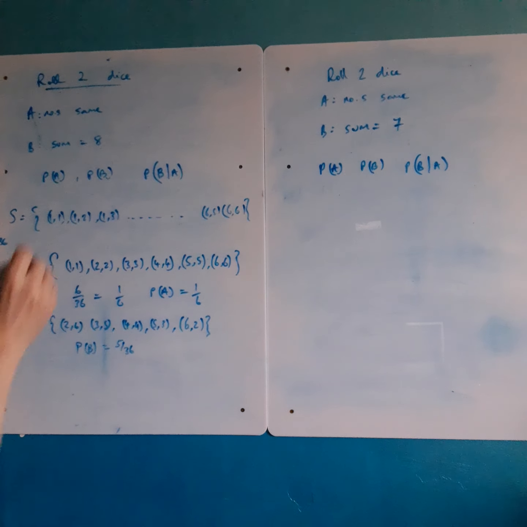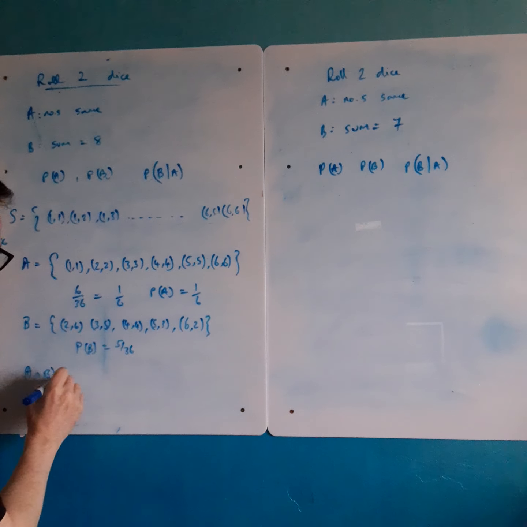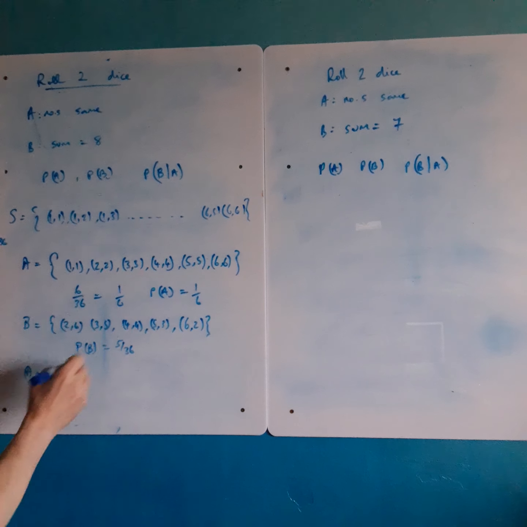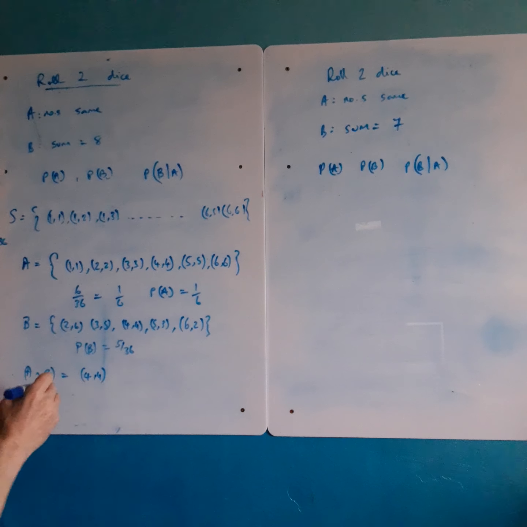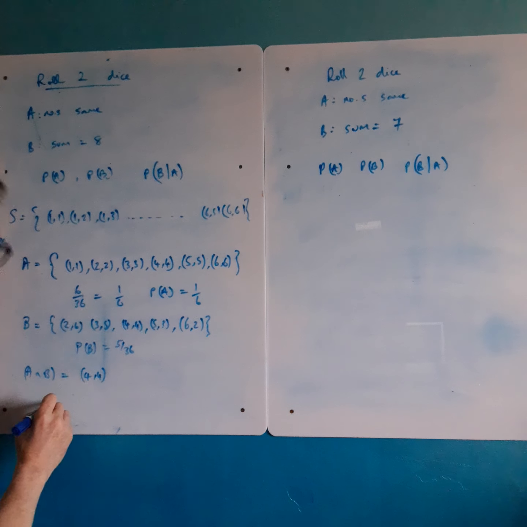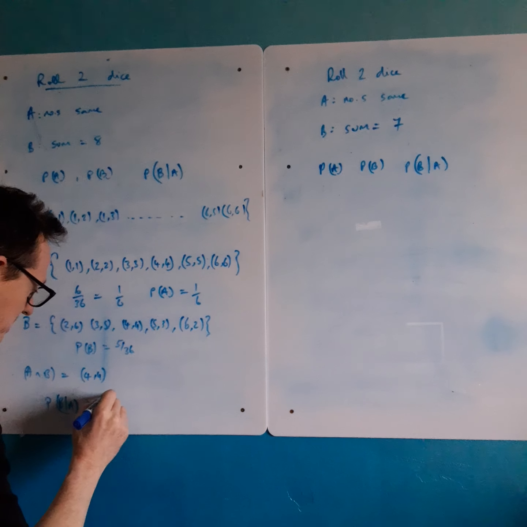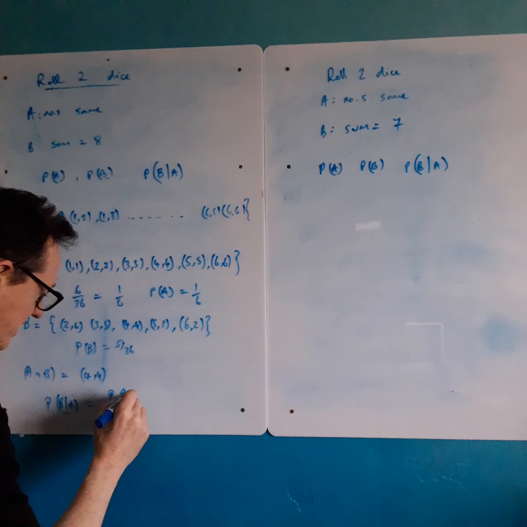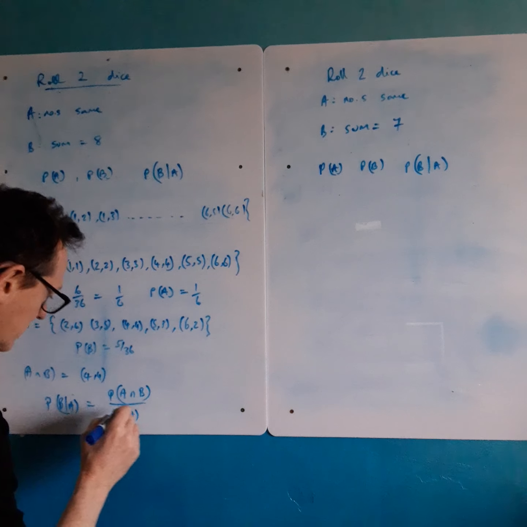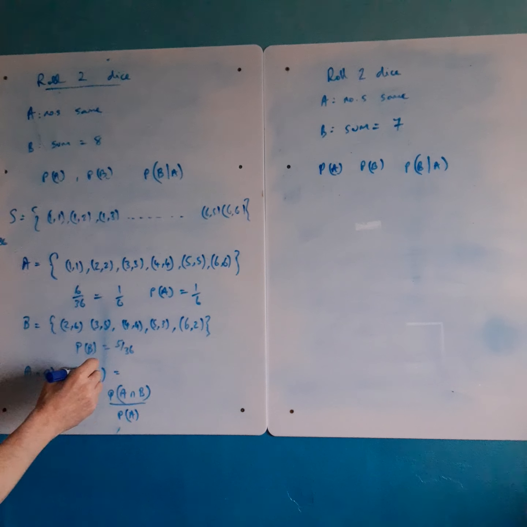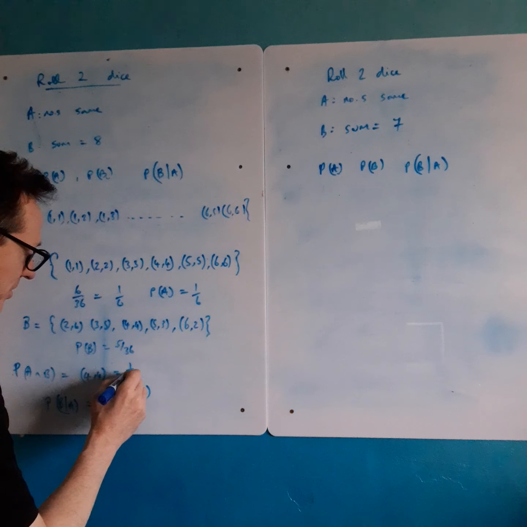Okay, and then the probability of B given A, we need the A intersection B. A intersection B is just 4,4. So the conditional probability of B given A is the probability of A intersection B over the probability of A. The probability of A intersection B is just 4,4, which is 1 out of 36.